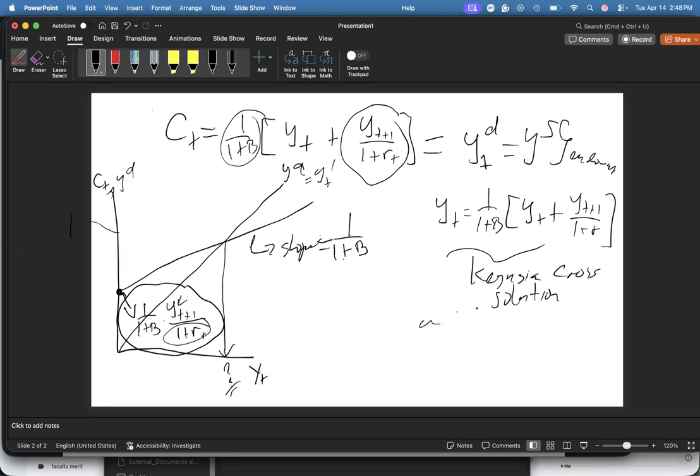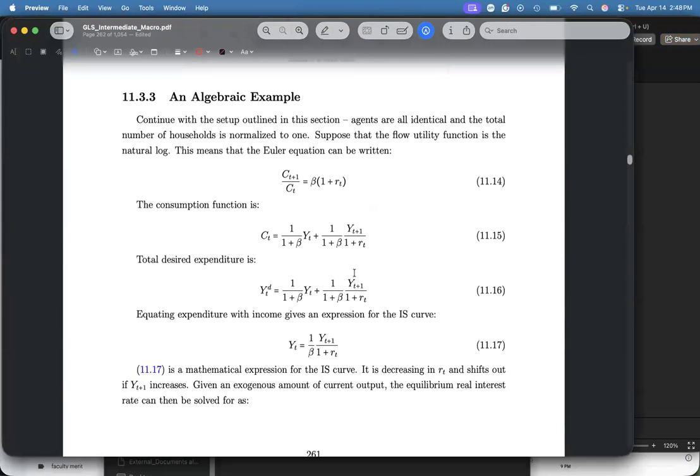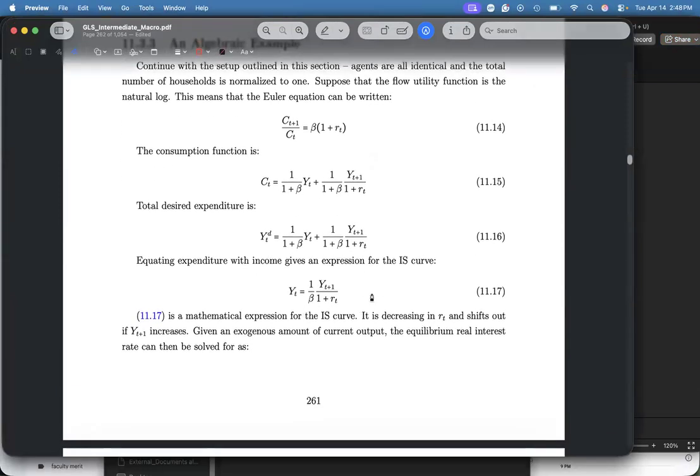Or this is already your IS curve because it will give you combinations of interest rate and output for which y equals yd. So, pwede mo na siyang i-simplify. Okay? In fact, na-simplify na siya dito so hindi na natin masyado gagawin. Ito na siya.